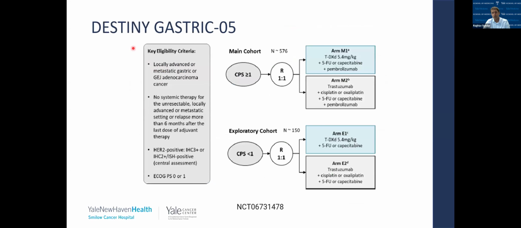And this is what has now translated into the DESTINY-Gastric-05 trial, which is looking at frontline HER2 positive gastric cancer and randomizing patients to receive T-DXd, chemotherapy and pembrolizumab, versus the Keynote 811 regimen with chemotherapy, trastuzumab, and pembrolizumab. And this trial is actually opening at Yale very soon.